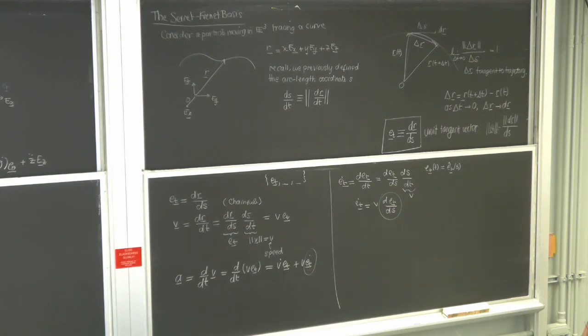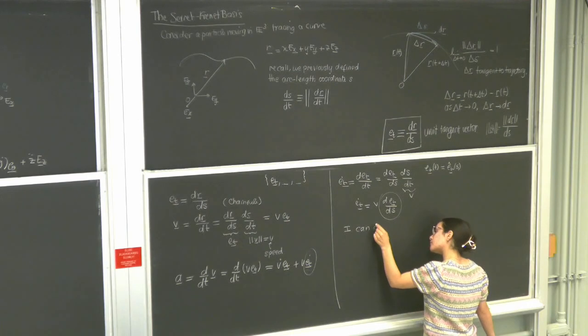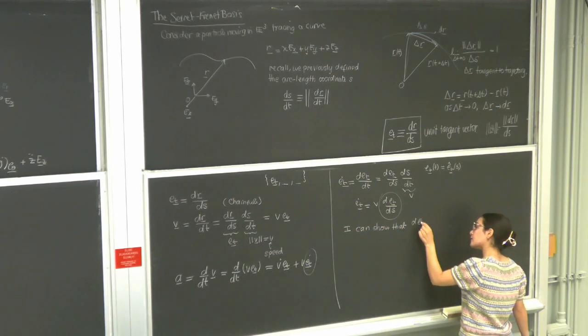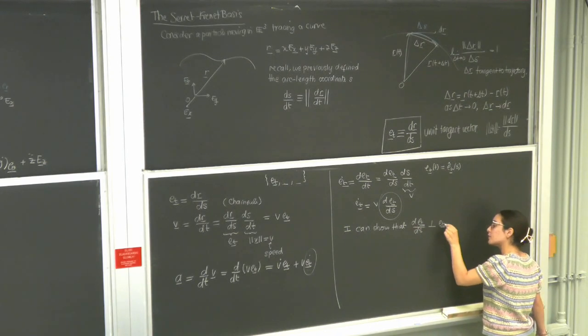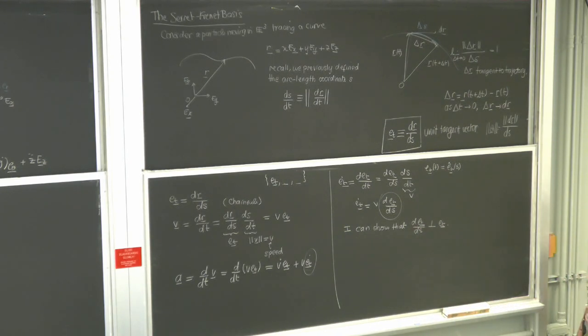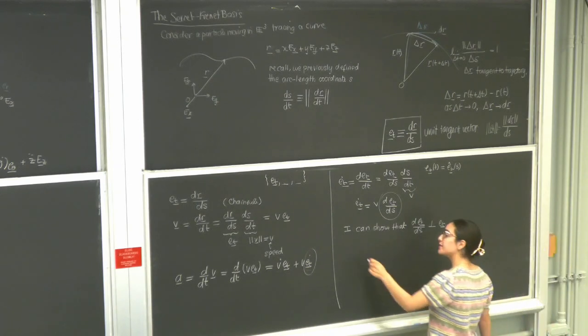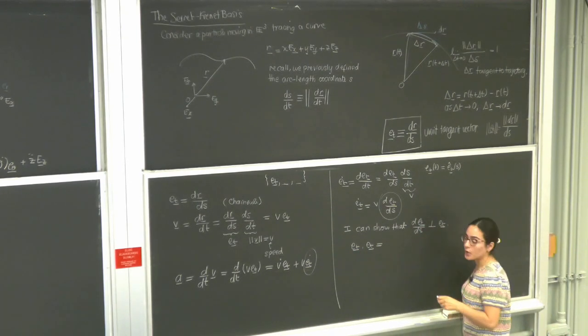But I can show that de_t by ds is perpendicular to e_t. And that's a trick that comes up a lot in mechanics. We start by saying that e_t is a unit vector. So e_t dot e_t is equal to what? 1.